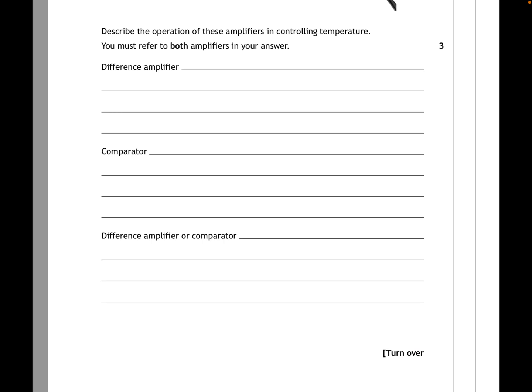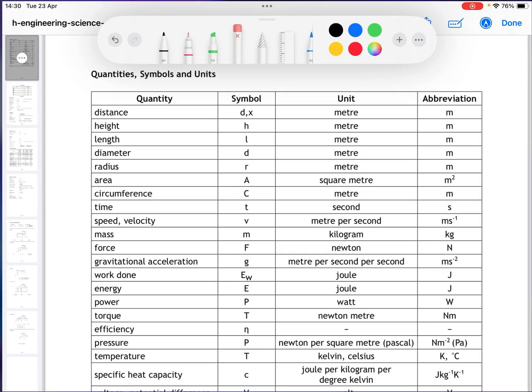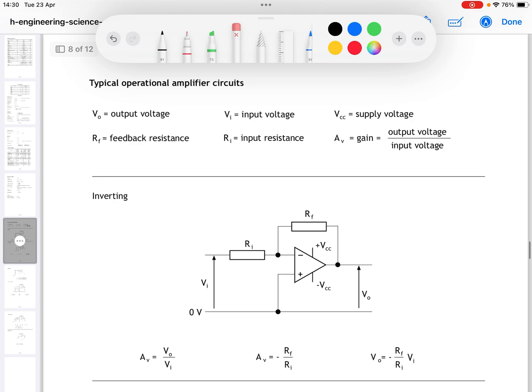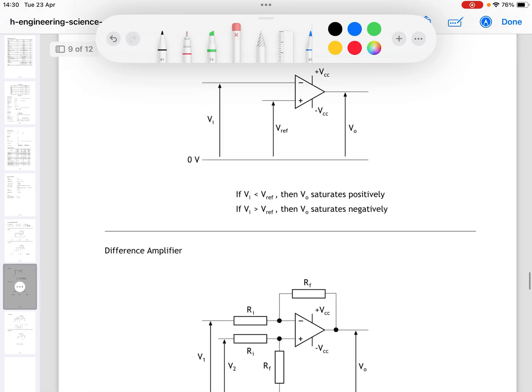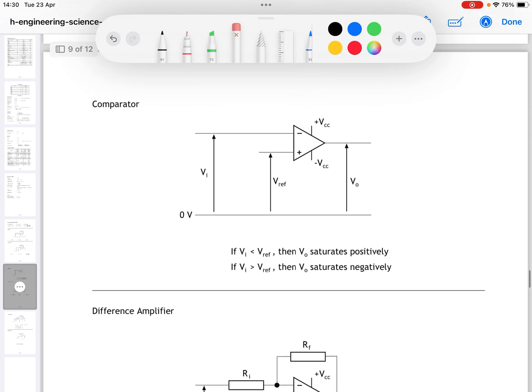The first thing that I would do is go to my datasheet and go down to my op-amp and have a look here at the comparator and difference amplifier. With a comparator, we have got two-state control.